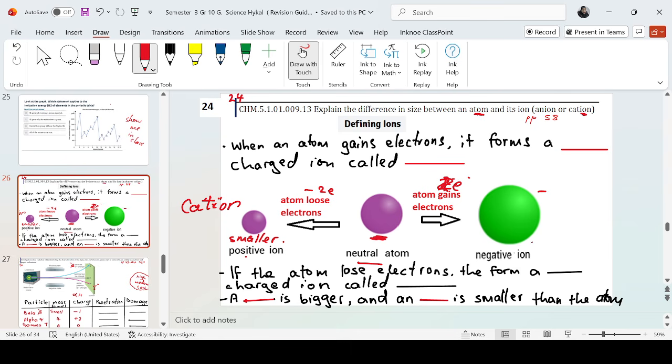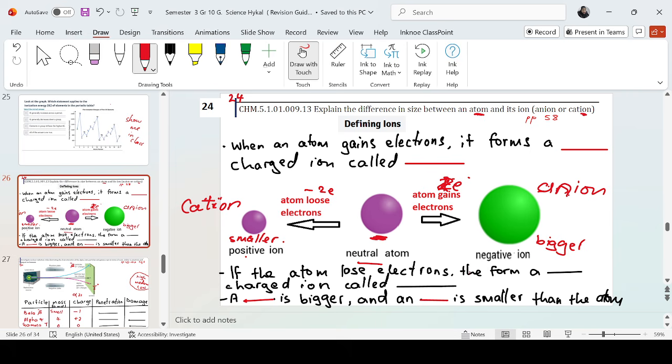It's bigger than the atom, and it's negative. A negatively charged ion is called an anion. So an anion is bigger than the atom.